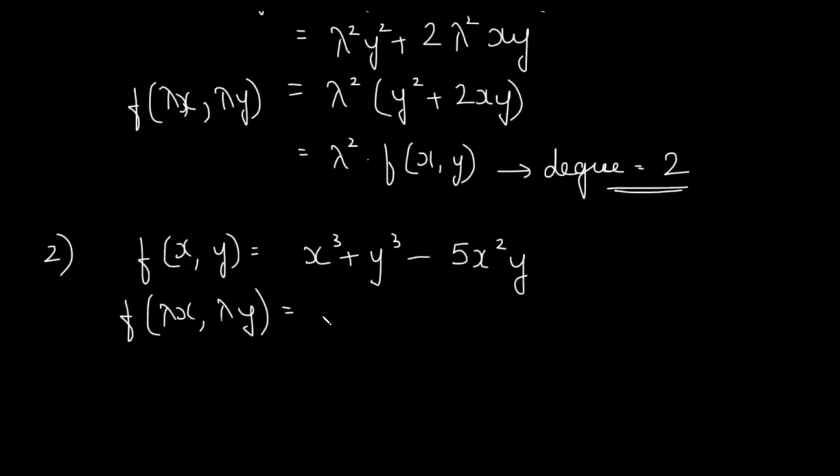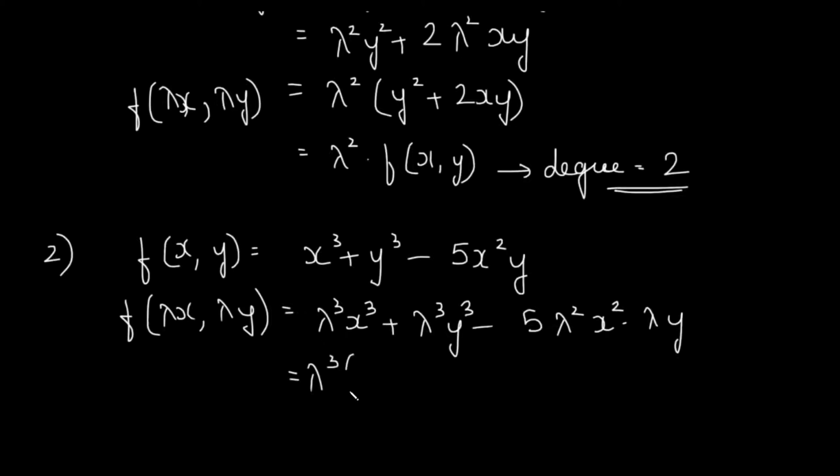So here we get x cube which becomes λ cube x cube. y cube becomes λ cube y cube minus 5 λ square x square into λy. So here we can take λ cube common and therefore we get x cube plus y cube minus 5x square y. As you can see over here also λ square into λ becomes λ cube, so we have taken it common. So this is of the form λ cube into f(x,y).